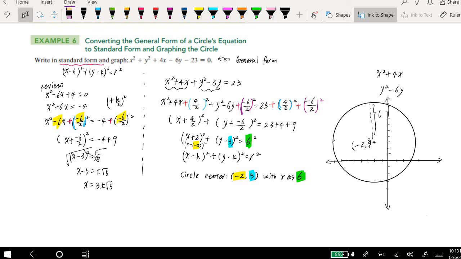Then you treat it like you were completing the square, twice at the same time, for x and y. Once you have this, the rest you just write inside your standard form and then find your circle's center and radius. Then you finish this question.